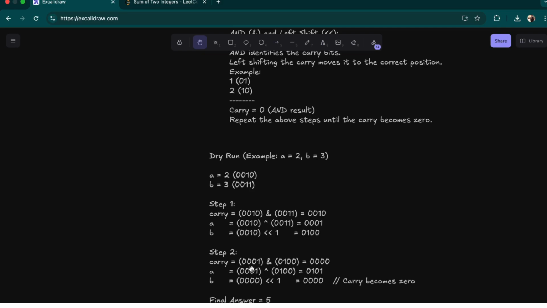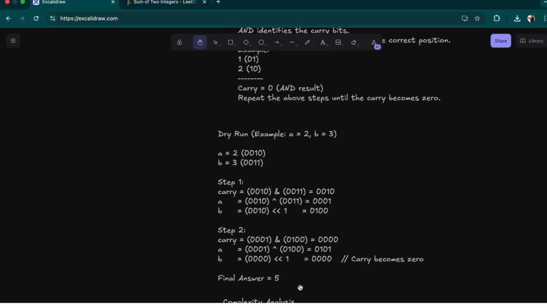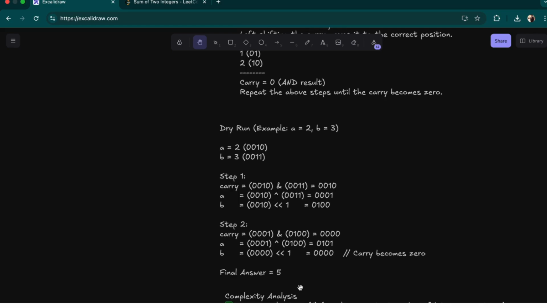So 0 and 0 is 0, 0 and 1 is 1, 0 and 0 is 0, then 1 and 0 is 1. Again we have to left shift the carry, so 0000 becomes 0 only, that is, the carry becomes 0. The final answer is 5.